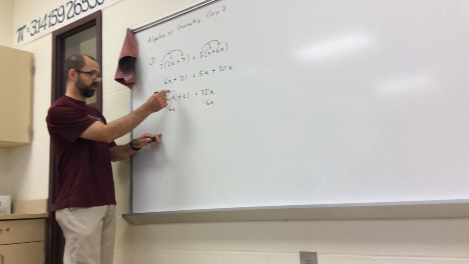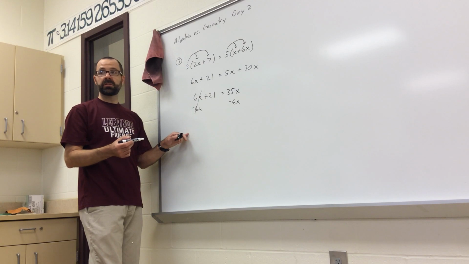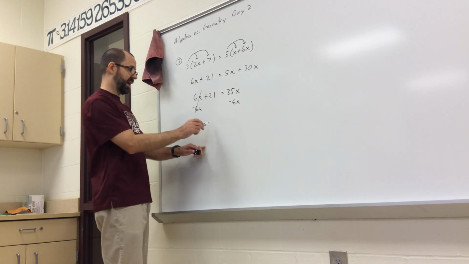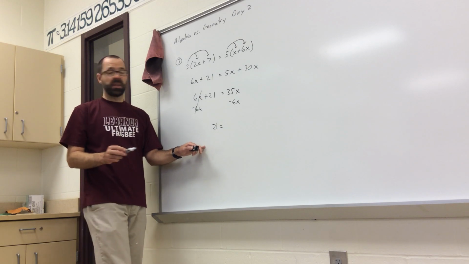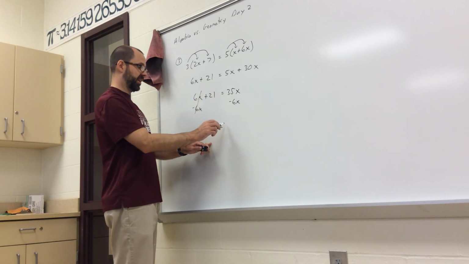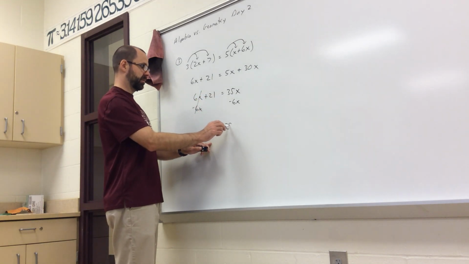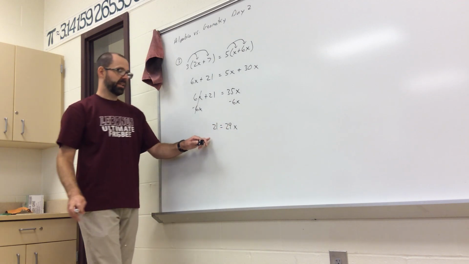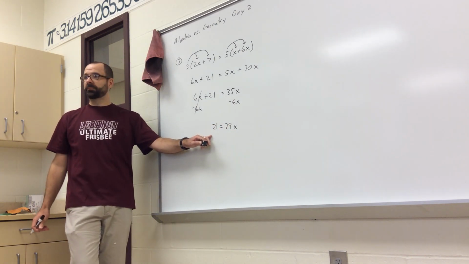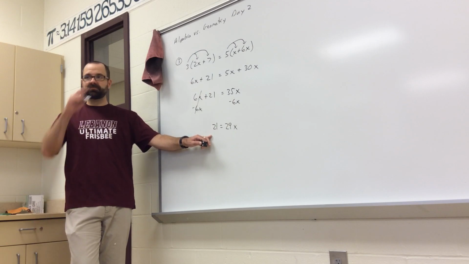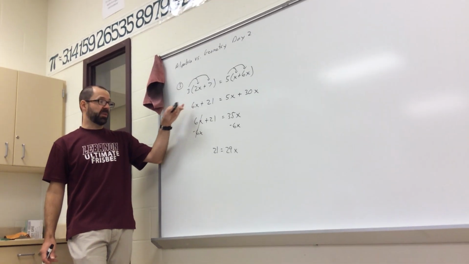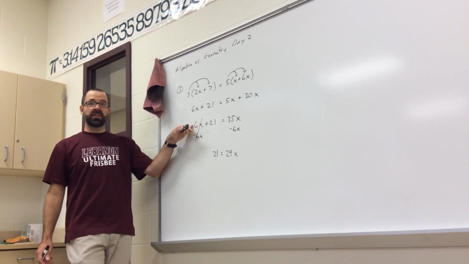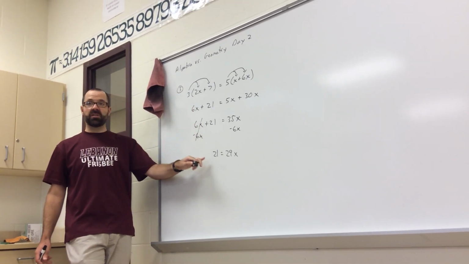So that's nice. That'll cross out over here. So all we'll have is 21. And then 35 minus 6 is 29. So we'll have 29x over there. All right, so we distributed, then we combined like terms, and then we subtracted the 6 over to get all the x's together.